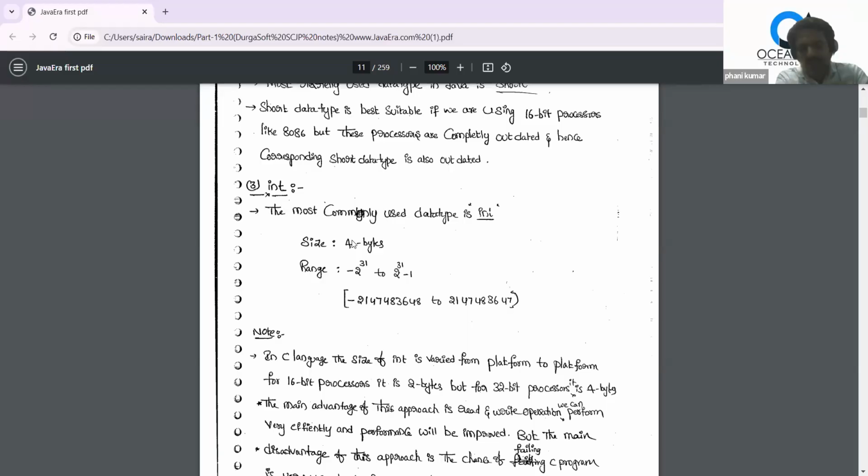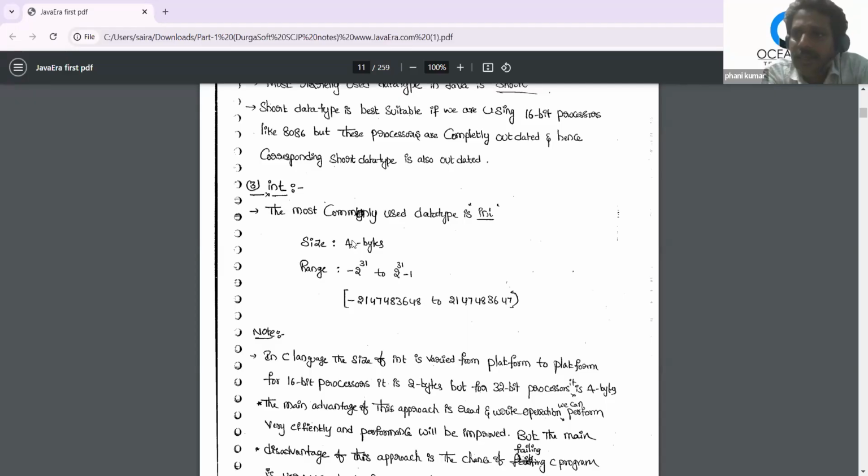But here I would like to give one conclusion. In my first class, I said that when comparing our Java language to C language, C has more drawbacks. I told you that in many cases memory is wasted in C language, but in Java we are not doing that, we are saving memory.